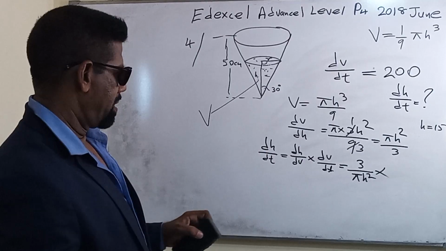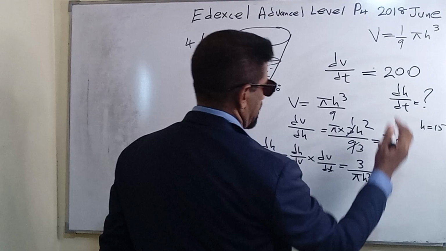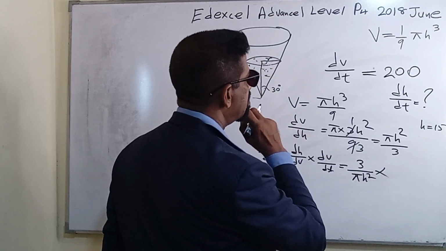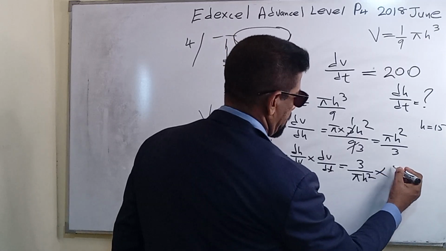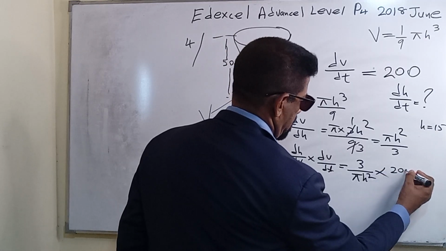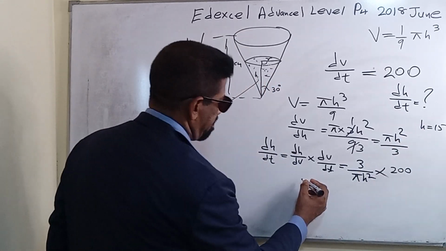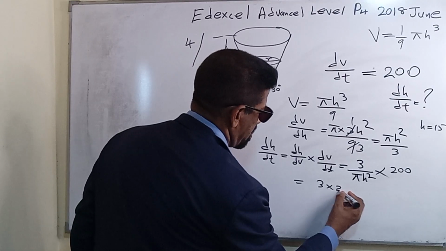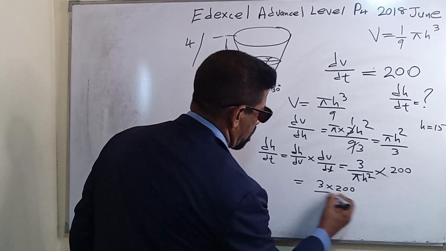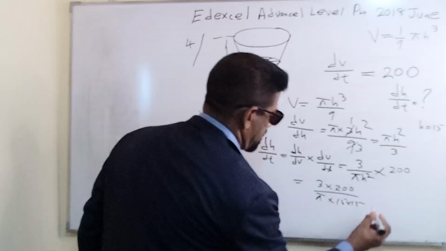Then dV by dt is already given, 200. When h equals 15, you can substitute: 3 times 200 over pi times 15 times 15.